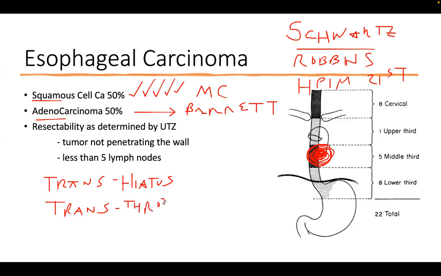Read on what is the name of the transhiatal approach and what is the name of the transthoracic approach. What is the advantage of one over the other? Which has a better success rate, which has better accessibility? And when do you do a transhiatal versus a transthoracic? Okay, so I hope you got that.